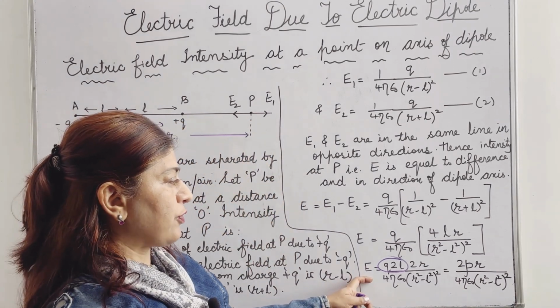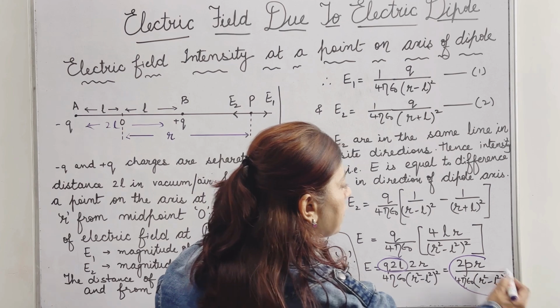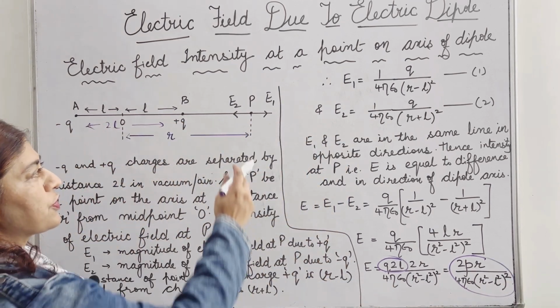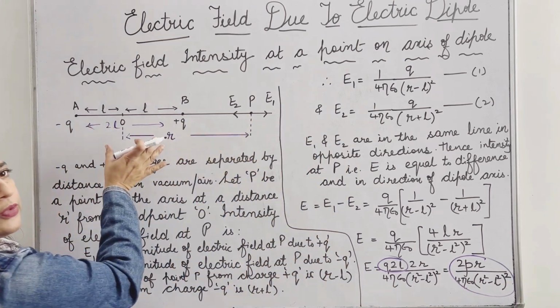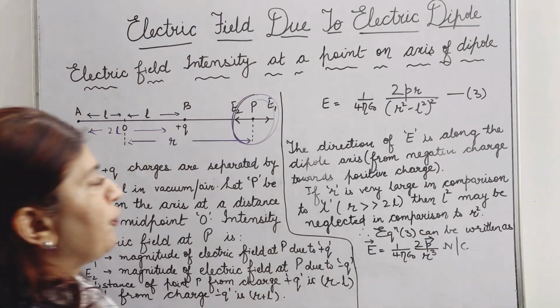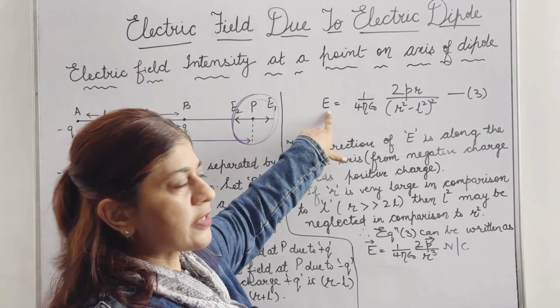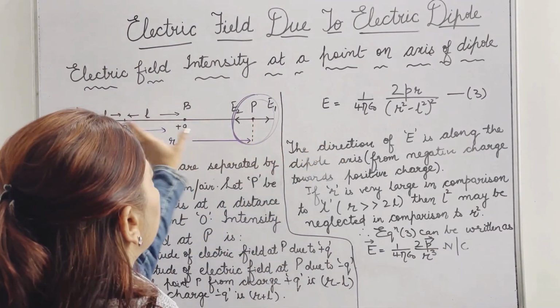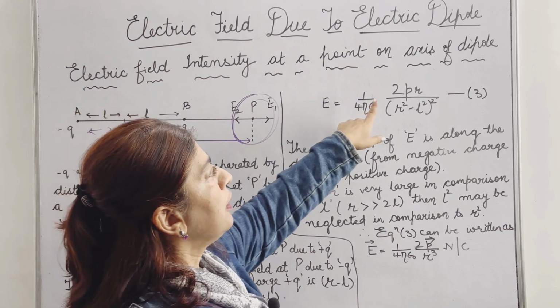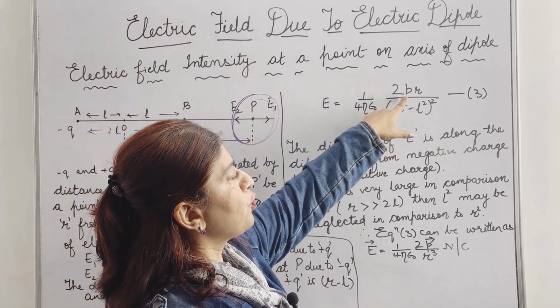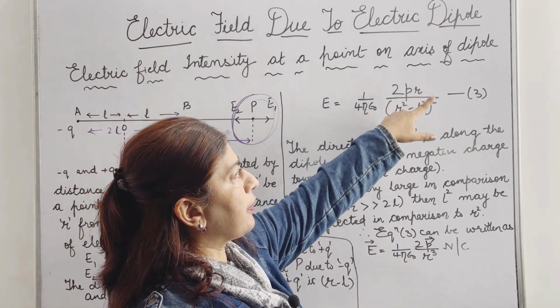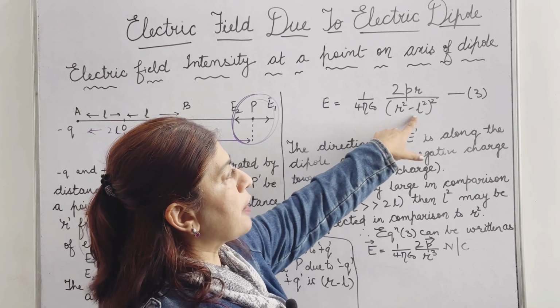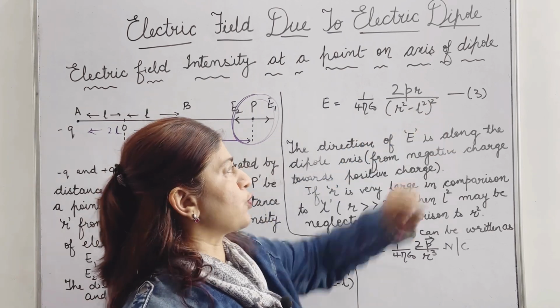This is the electric field experienced by the unit positive charge at point P due to this dipole. So the electric field intensity at point P due to this dipole is given by 1 by 4 pi epsilon naught, 2P, where P is the electric dipole moment, R divided by R square minus L square whole square.